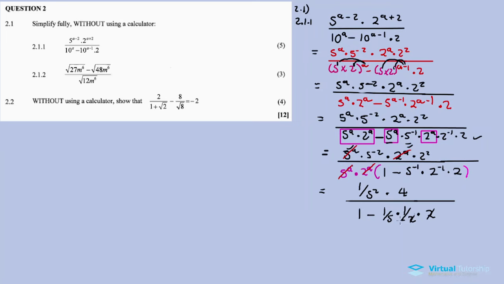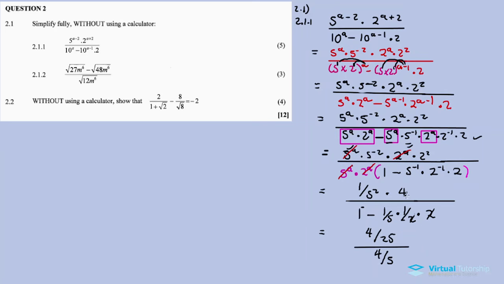So 4 over 25. On the denominator it's 1 minus 1 over 5, which is 5 minus 1 is 4, so 4 over 5. So the answer is 4 over 25, since 5 raised to exponent 2 is 25.